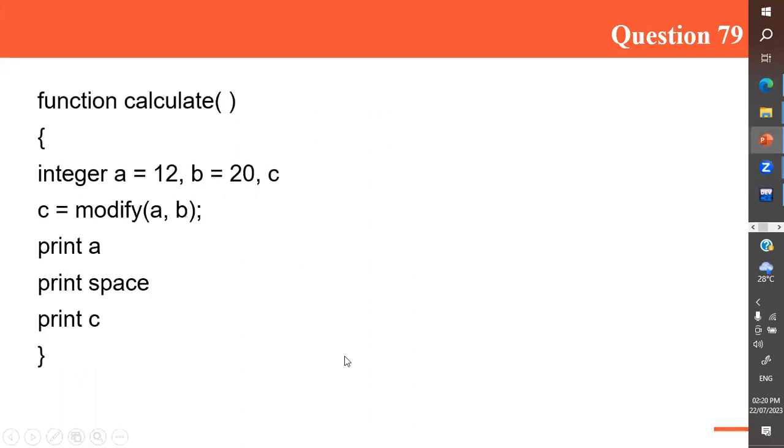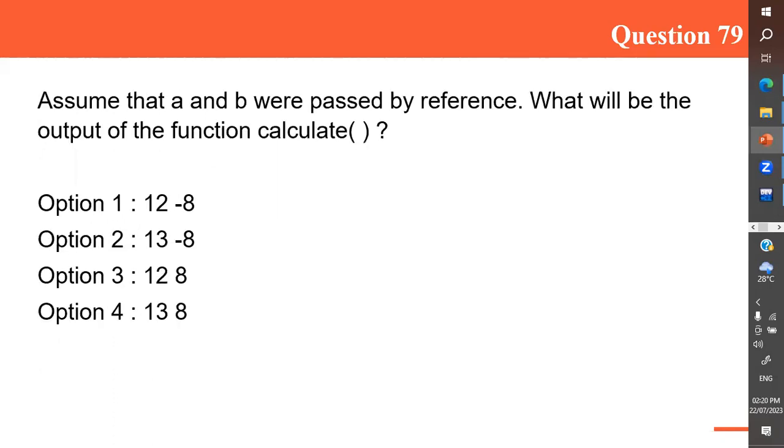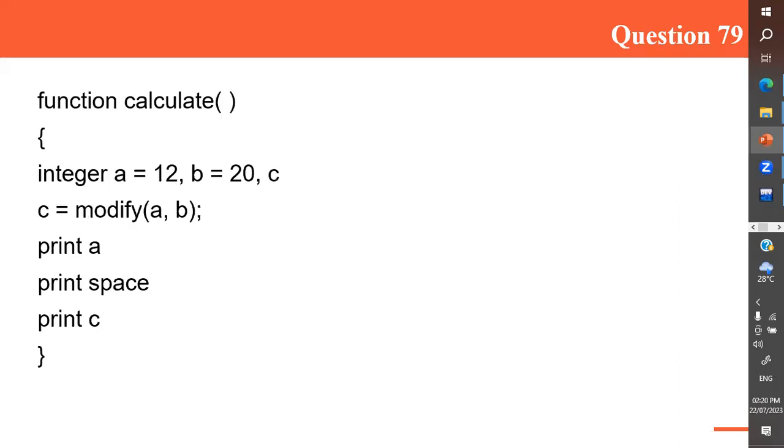Let us see. A comma B, 12 comma 20. We are printing A and B. See it carefully. Now A and B are passed by reference. What will be the output they are asking? If I do pass by reference, what does it mean? A has some address. A is 12, and 12 has some address.